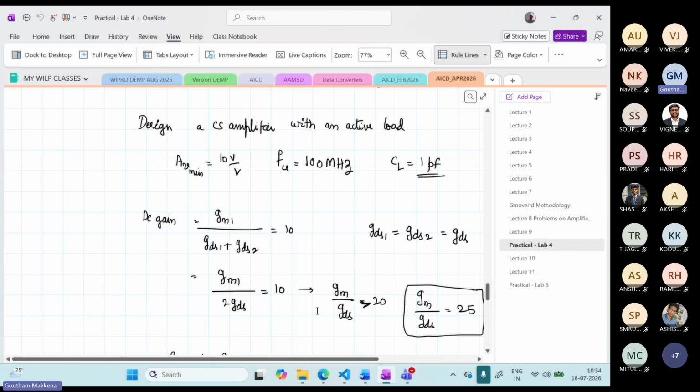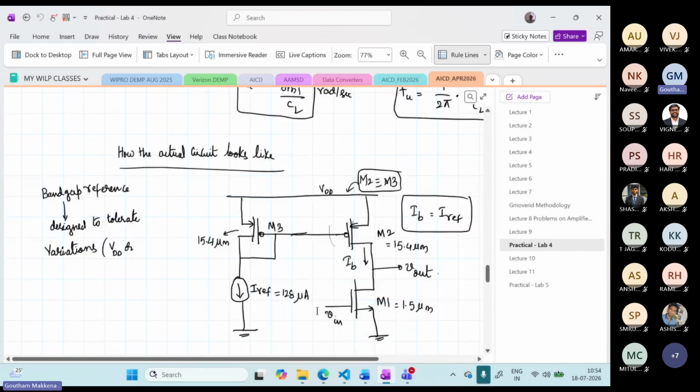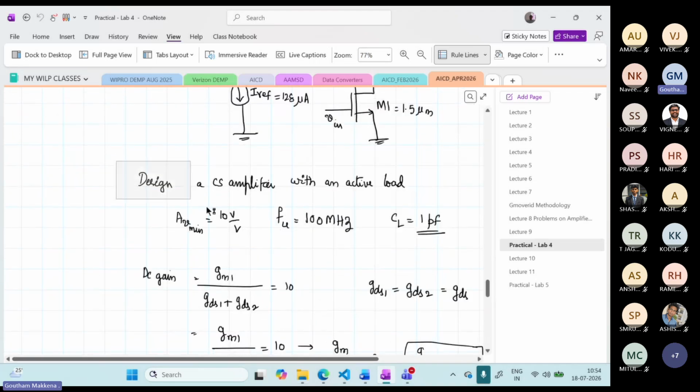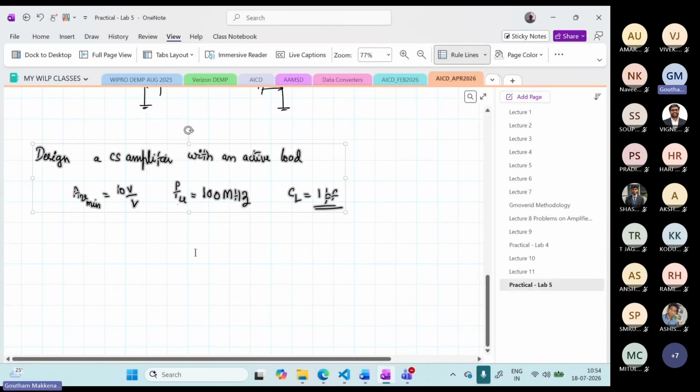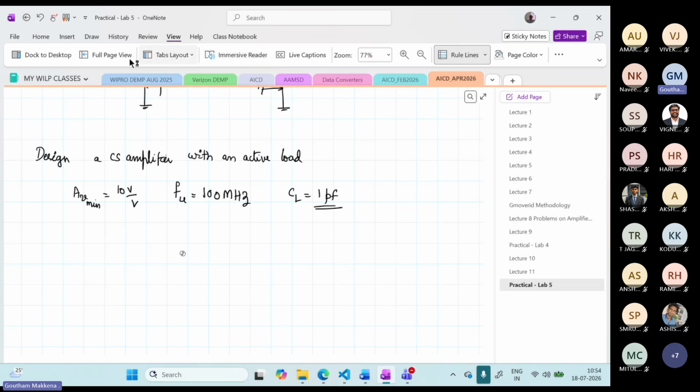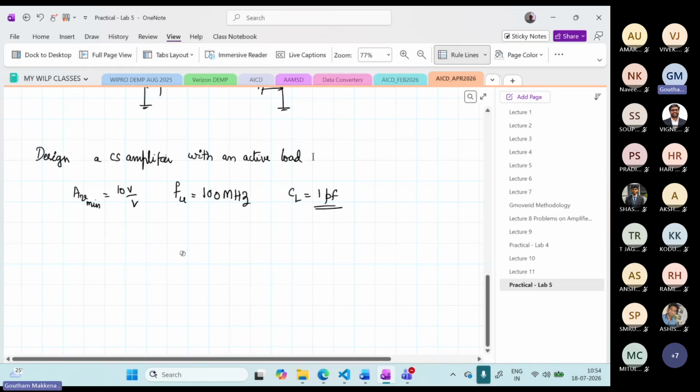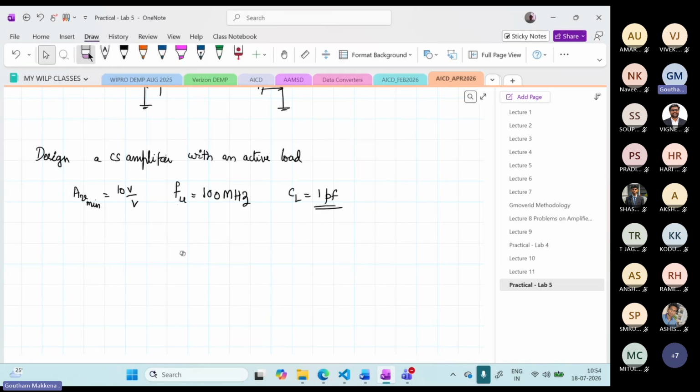So we took a spec. Okay, so let us design for the same spec. Design a diff amp with active current mirror load.